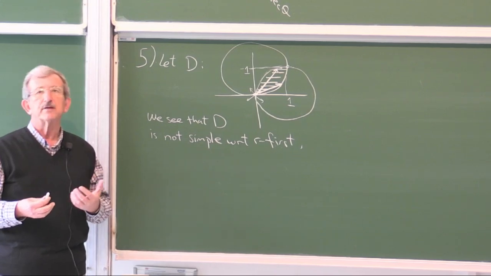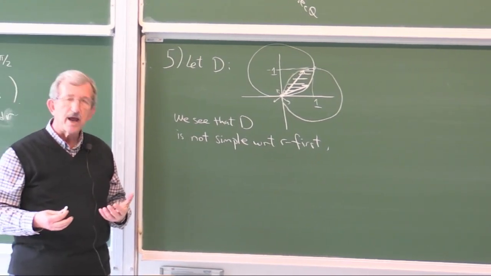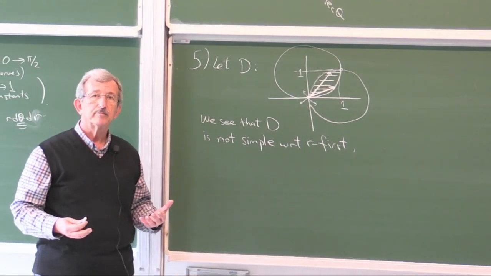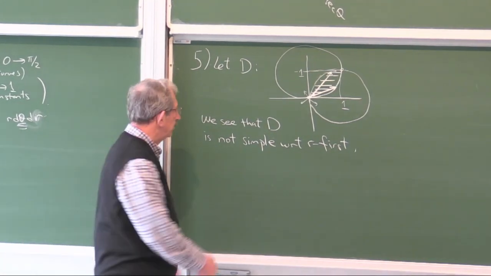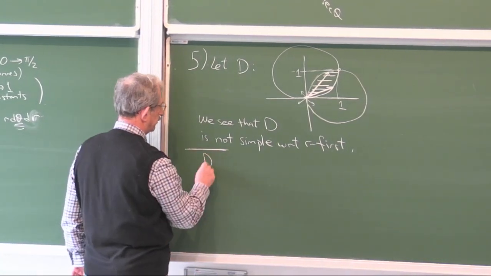Well, this means it's not a simple region, and we have to divide. Okay. So let us decompose D.